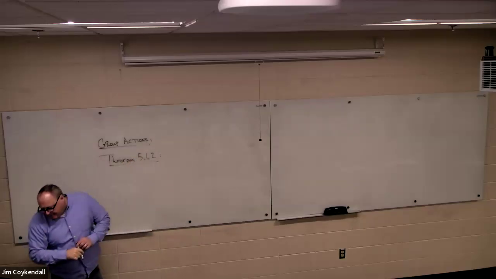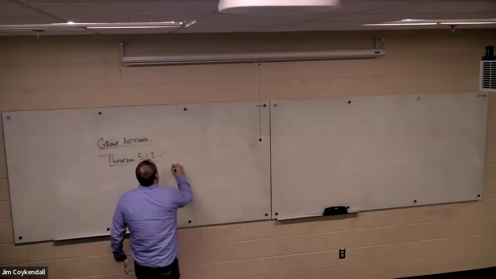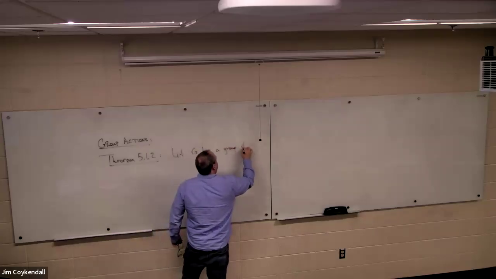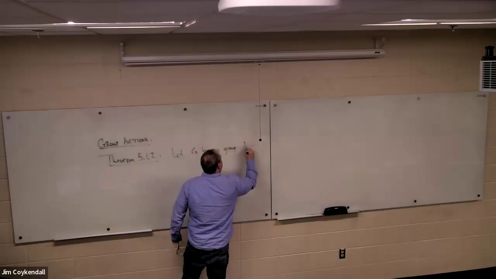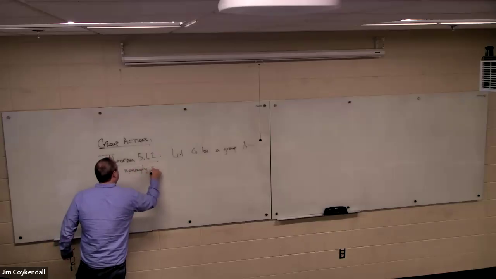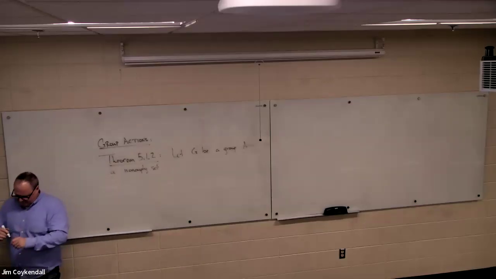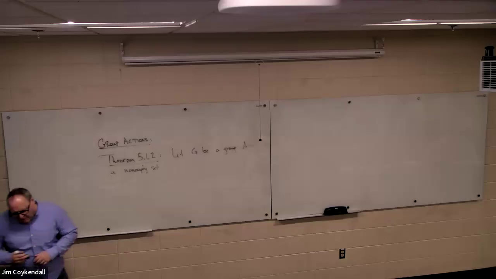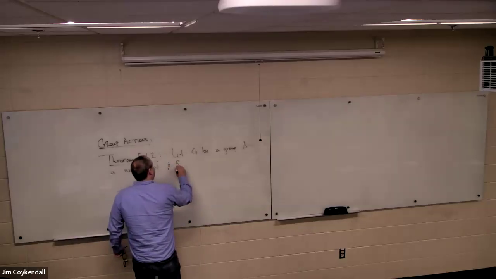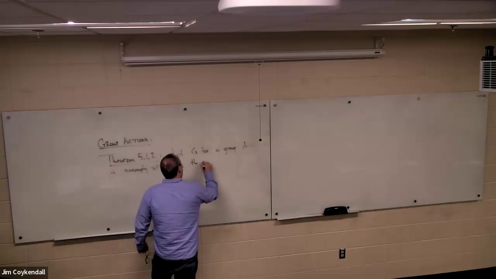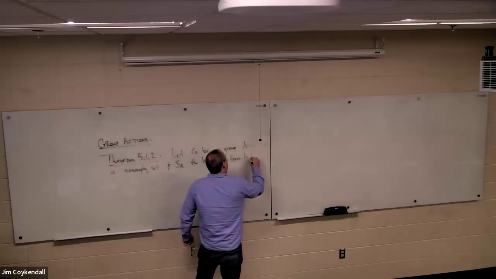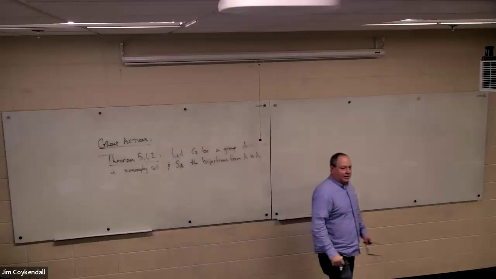So here's the setup. I have some group, G. And a non-empty set A. And I'm going to denote by S_A the bijections from A to A. Okay, so that's my notation in this theorem.